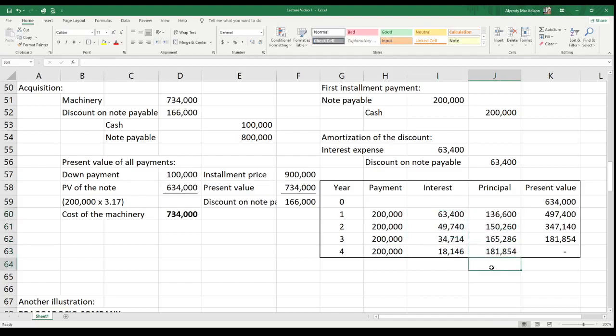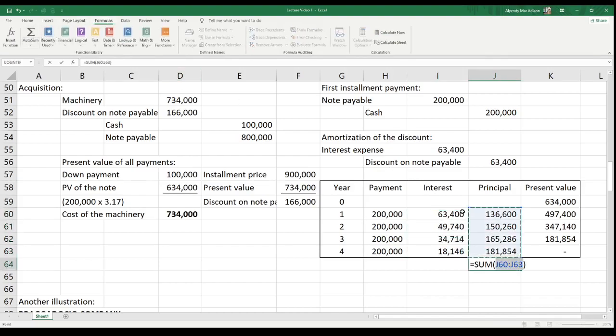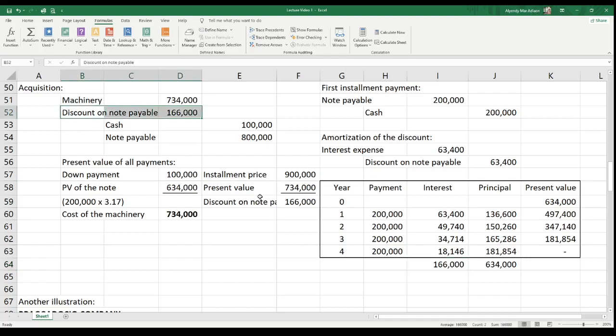Okay? So, class, if you get the total of the principal, you will get 634,000, which is equal to the present value from the very beginning. And for the interest, if you total everything, you have 166,000, which is equal to our discount on note payable. I hope that with this connection of the balances, you will be able to understand where they came from and how they are applied.